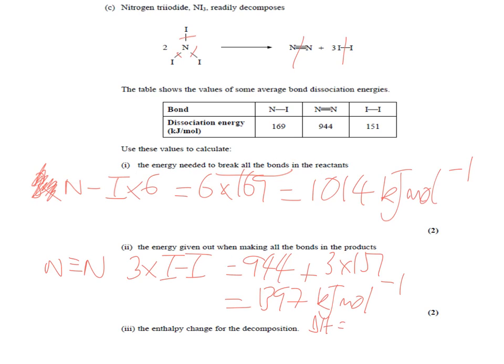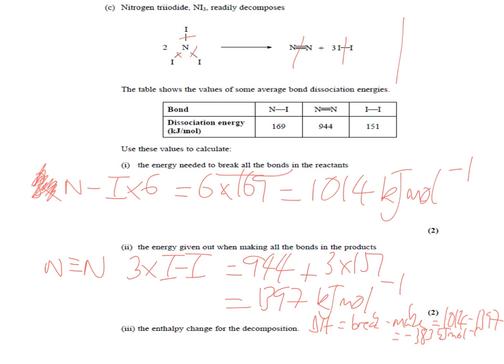So I'll have delta H equals break minus make, which is 1014 minus 1397, and that comes very tidily to minus 383 kilojoules per mole. You can see that I'm really trying to fit it in between the icons. Now that is a minus number there, which indicates that this is an exothermic reaction.